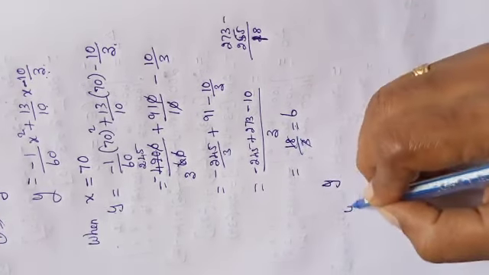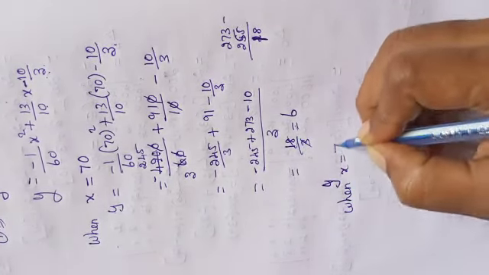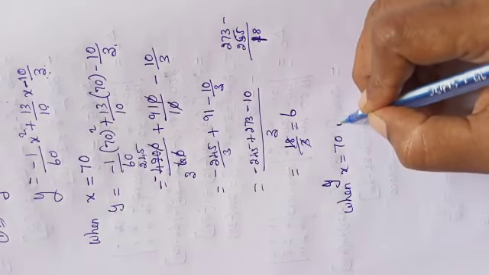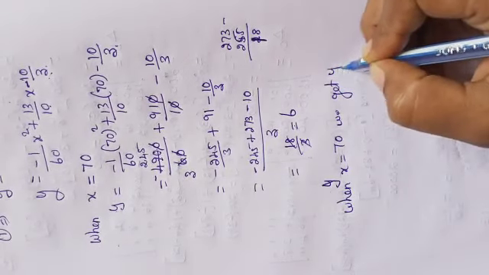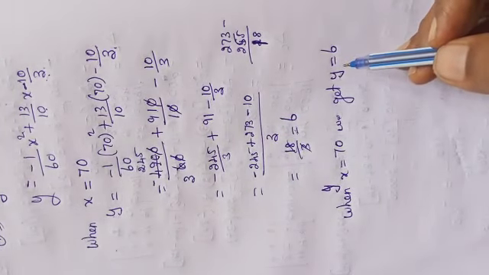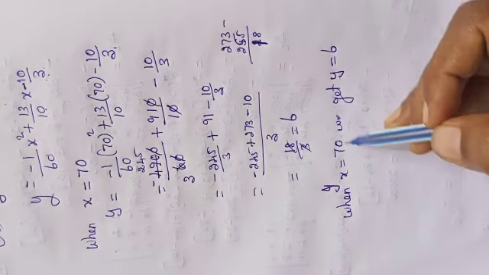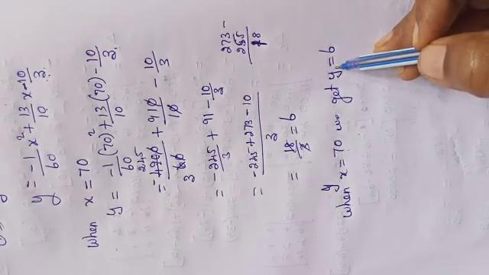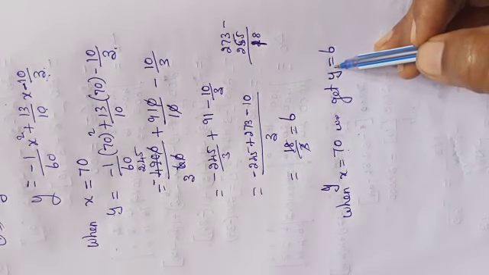So when x is equal to 70, we get y is equal to 6 as per the path. So if a man even jumps before the boundary, he cannot catch the ball, isn't it?